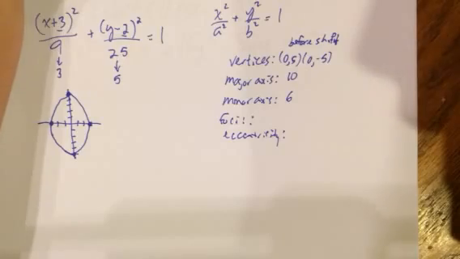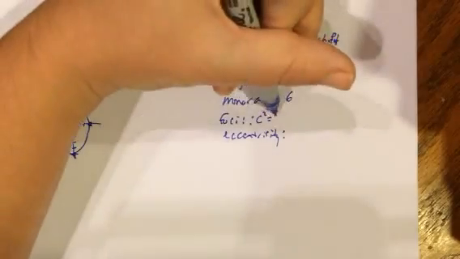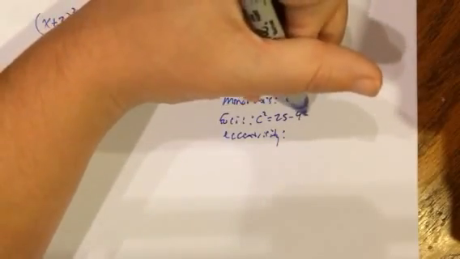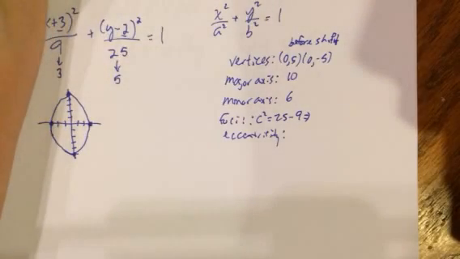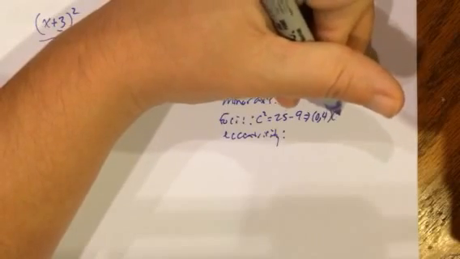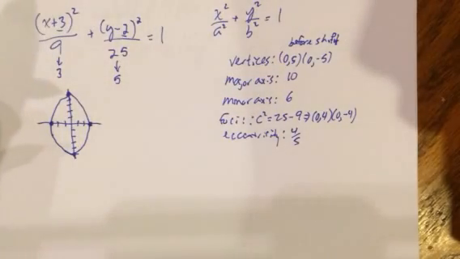Foci, we actually did this one earlier, but again, c squared equals the larger squared, so 25, minus the smaller squared, 9. 25 minus 9 would be 16, so c is 4 and -4. So I'm going to get 0, 4, and 0, -4. And eccentricity is just the foci over the larger, so 4 over 5.